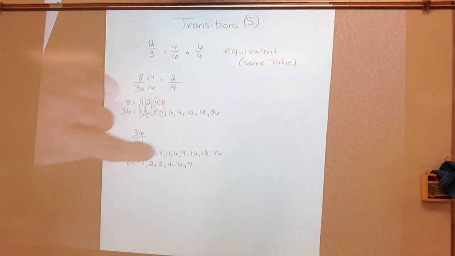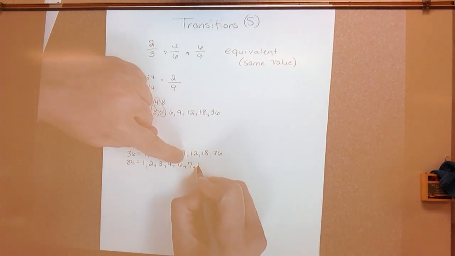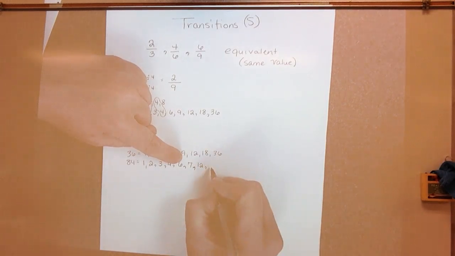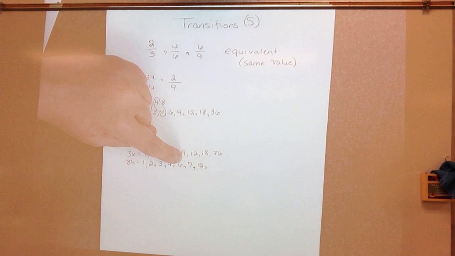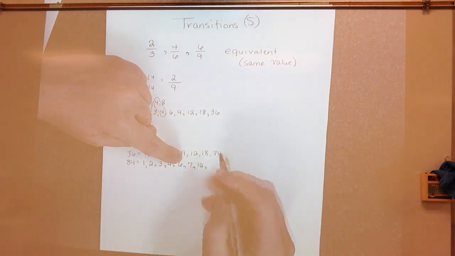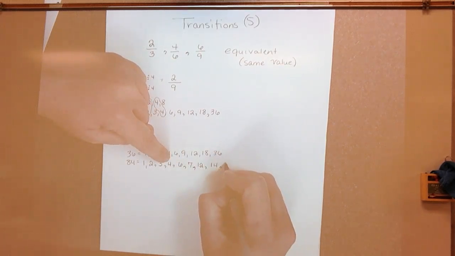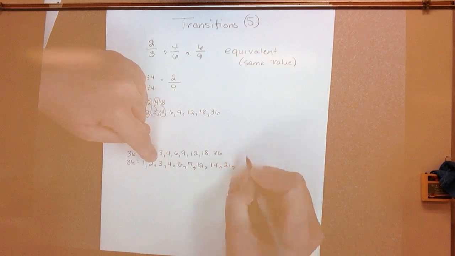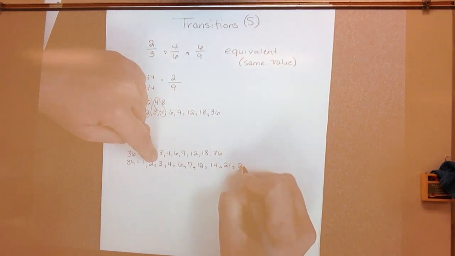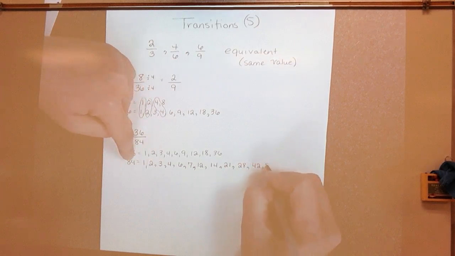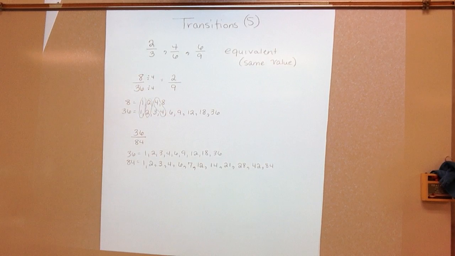So I think now we're at the point, this would be 7 times 12, 6 times 14, 4 times 21, 3 times 28, 2 times 42, and then 84. I'm trying to do this in my head, guys, so you have to forgive me.